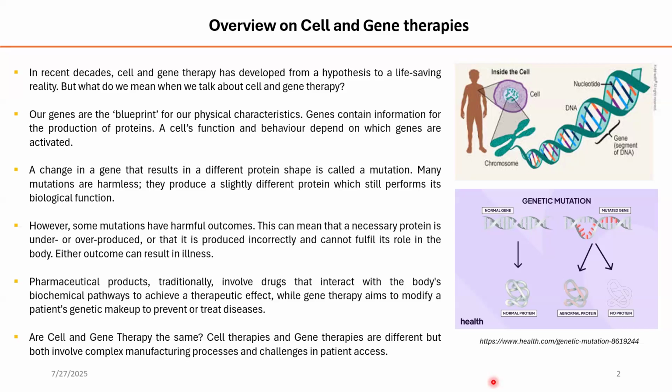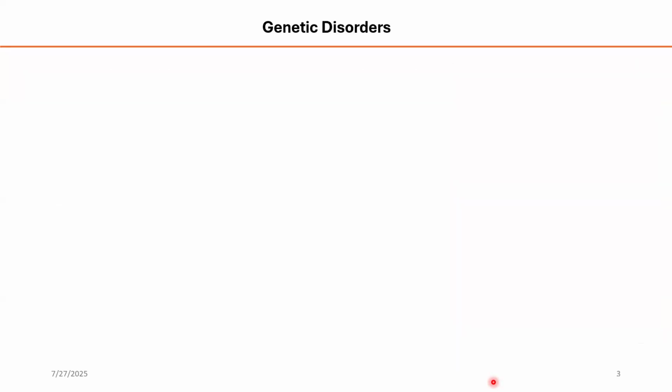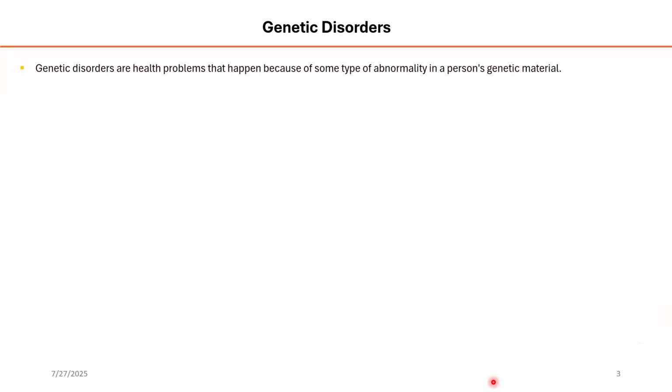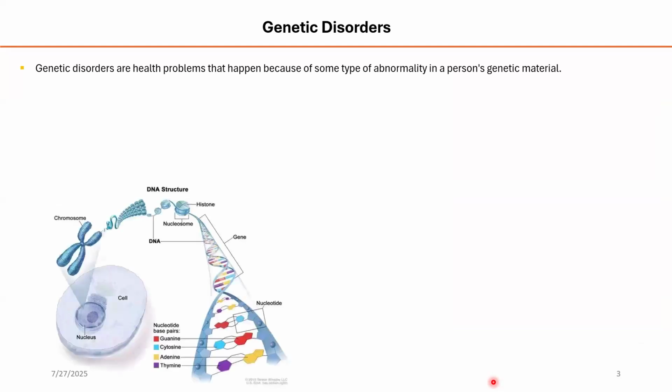Okay, so I move on to the next slide. What are genetic disorders? Genetic disorders are health problems that happen because of some type of abnormality in a person's genetic material. Here you can see this picture shows how the DNA is packed into a cell. This is a nucleated cell. Inside the nucleus are the chromosomes. The chromosomes are made up of tightly coiled DNA.